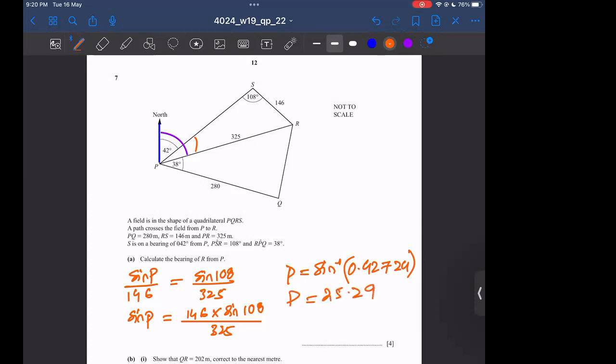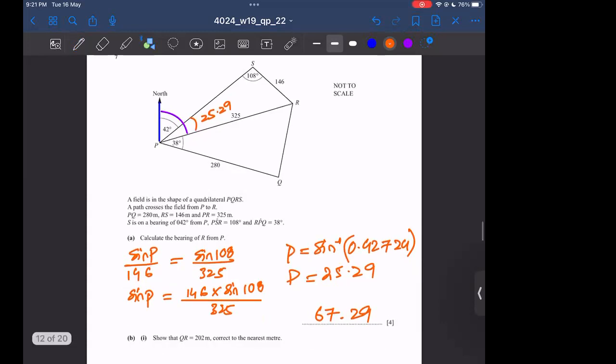You're going to add 42 on it. You get 67.29. This is 25.29. So this is going to be the 67.29, the answer.